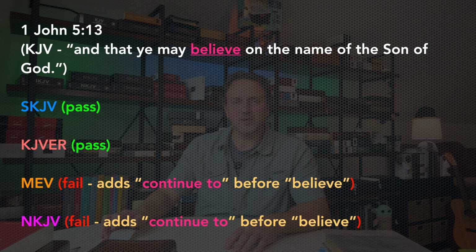SKJV is a pass. KJVER is a pass. The MEV is a fail, and so is the New King James. They fail the same way because they have, "you may continue to believe in the name of the Son of God." So that's not what the KJV says.